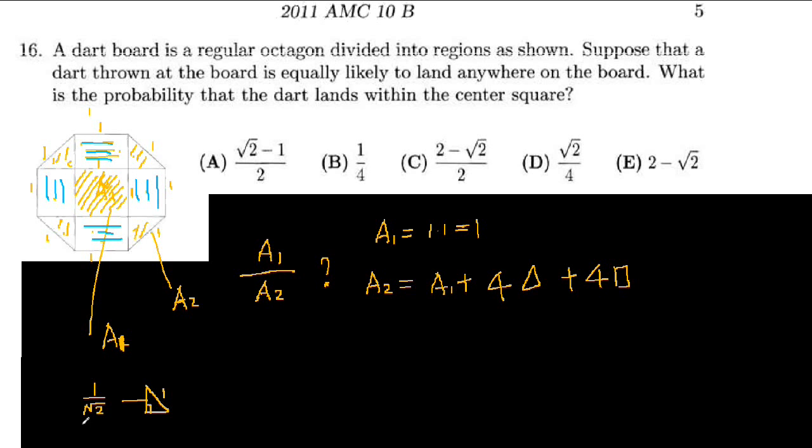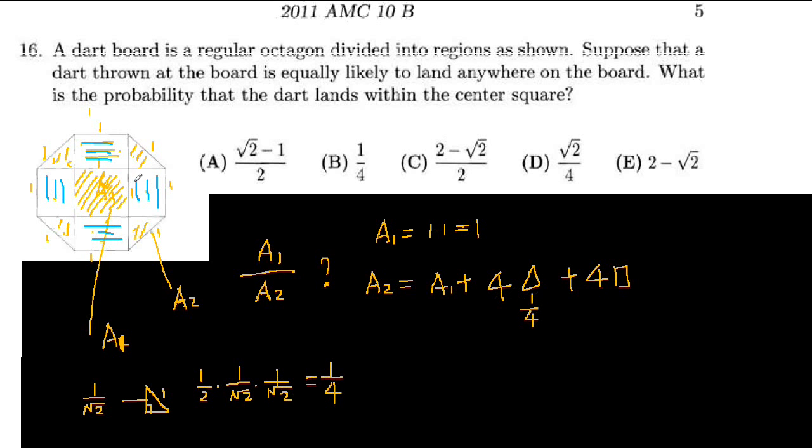Because half this squared plus that squared equals 1. So the area is half times the base, which is 1 over square root 2, and then 1 over square root 2, right? So this actually is 1/4. This is 1/4, we have that.